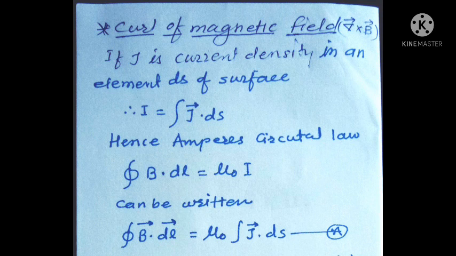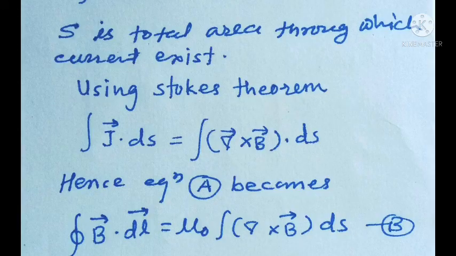Let this be equation number A, where S is the total area that specifies the region through which the current exists.